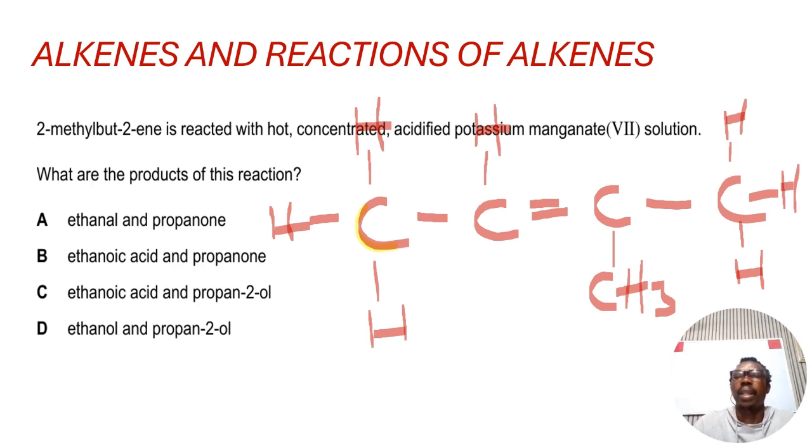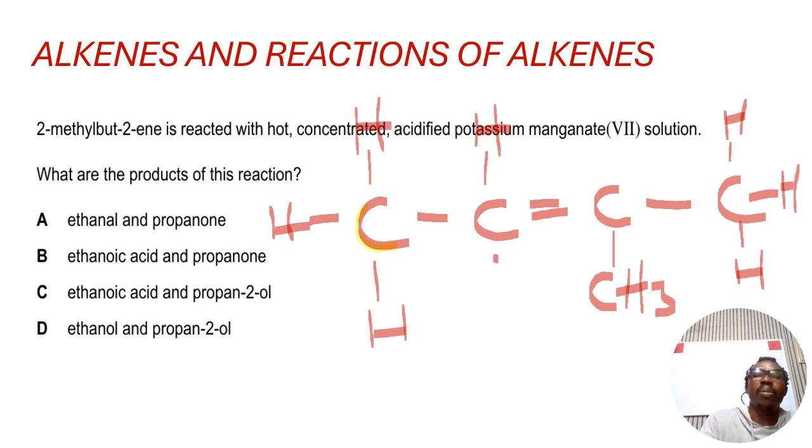So we're using hot concentrated acidified potassium manganate(VII) solution. It depends on the alkene, and the reaction takes place at the carbon-carbon double bond. If one of the carbons is bonded to one hydrogen atom and one alkyl group, you get oxidation to a carboxylic acid. If the carbon atom is bonded to 2 hydrogen atoms, you get oxidation to carbon dioxide. If the carbon atom is bonded to 2 alkyl groups, you get oxidation to a ketone.